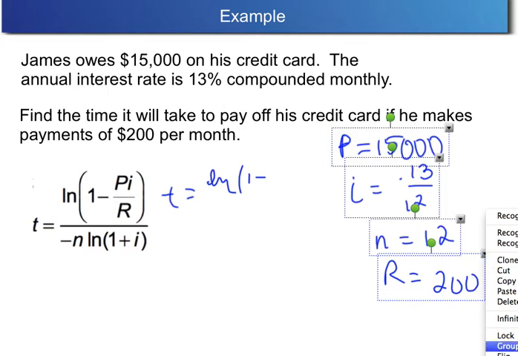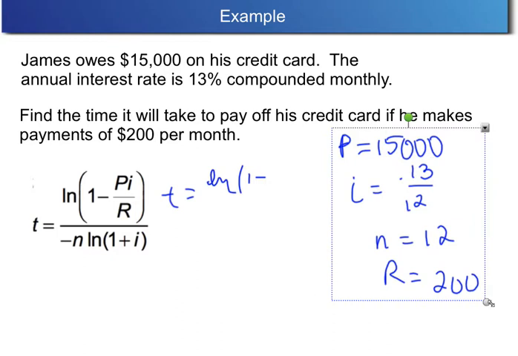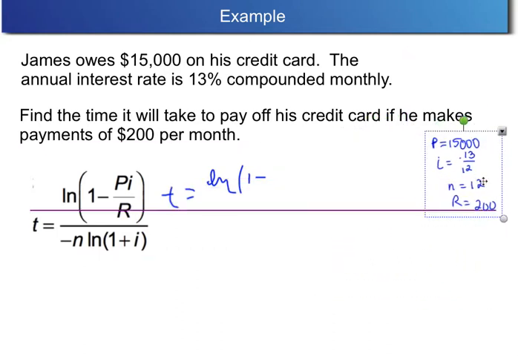And group this and make it smaller. There we go, I'll have room now.